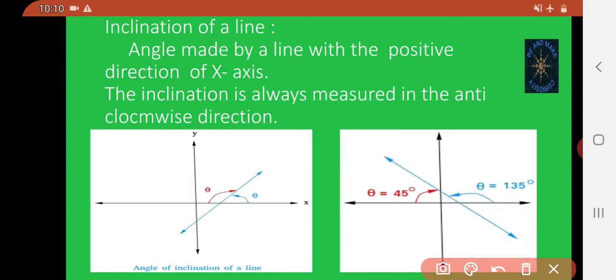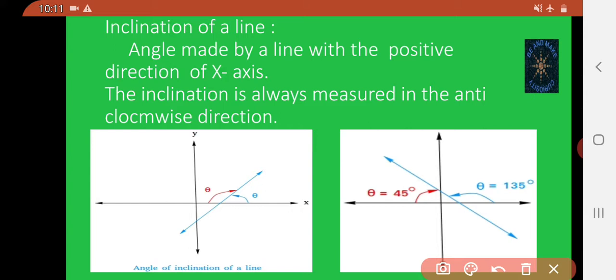So the angle between the positive x-axis and this upper ray, you go in the anti-clockwise direction, not clockwise, then you get the angle theta, and this angle is the angle of inclination of the line.